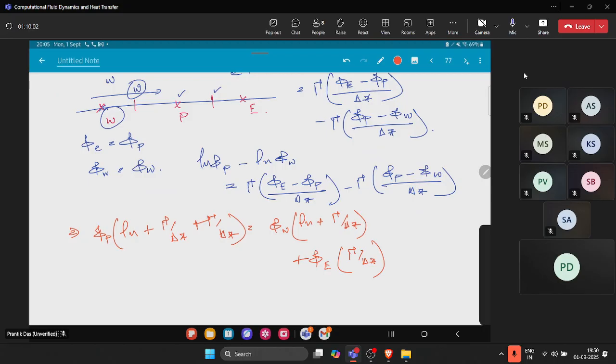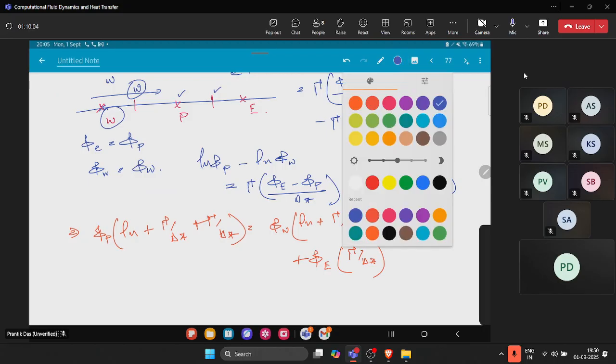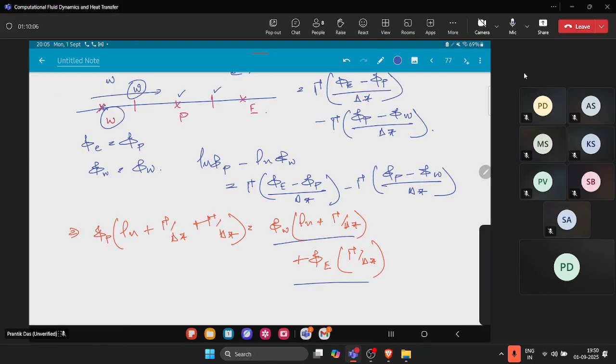I hope I am right. So you can see the coefficients are by default positive. AE is positive, gamma by delta x. AW is positive, which is rho e plus gamma by delta x. And AP is also positive, since it's a combination of AE and AW. Okay, is it clear to all of you?